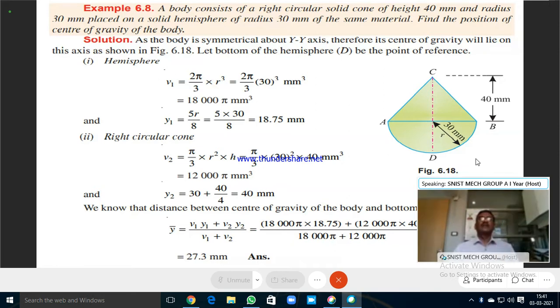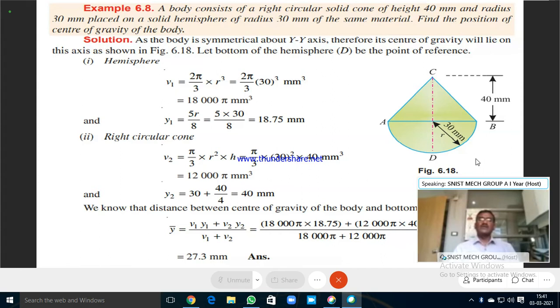Similarly, for cone volume is 1 by 3 pi r square h, and h by 4 you have to measure from the bottom, from axis of symmetry, from point D. So 30, that is the radius, plus h by 4, 40 by 4, and substitute into the formula.